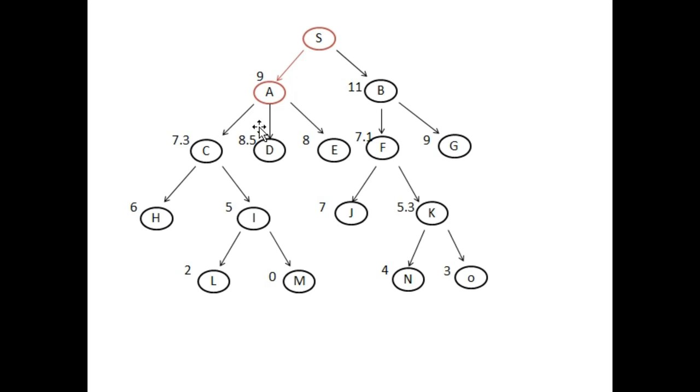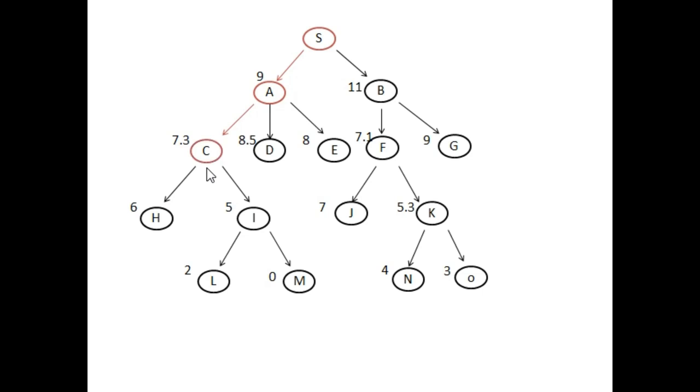I just checked the A node whether it is a goal or not. Then I mark the red color to represent the movement of our agent, our robot, towards the C node, because C has the lowest heuristic value among all of these three nodes. Then I will check whether the C node is a goal state or not. C is not our goal state.